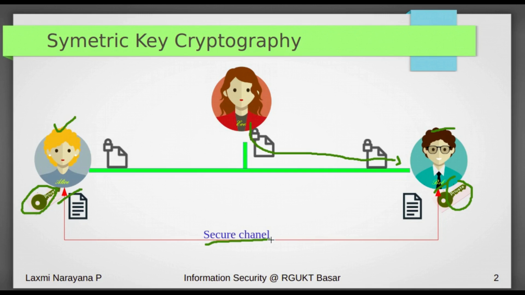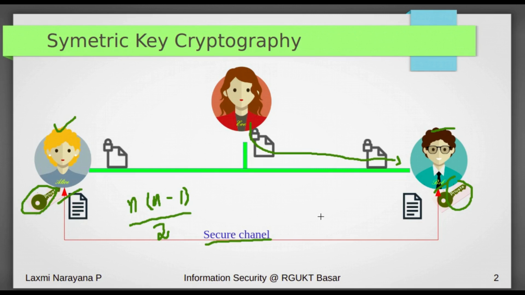Consider a communication system with n users, all of them using symmetric key cryptography to communicate with each other. It needs n times (n minus 1) divided by 2 secret key exchanges.